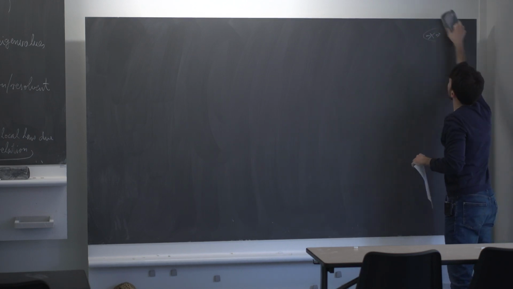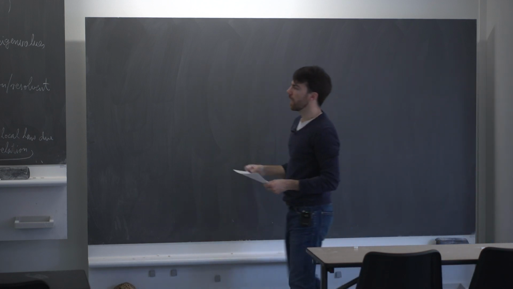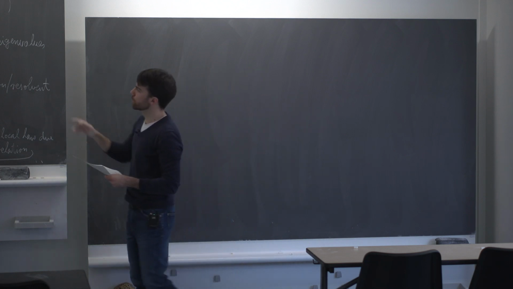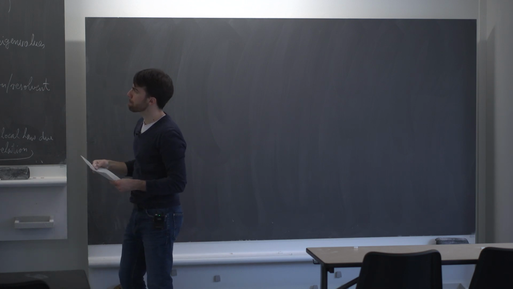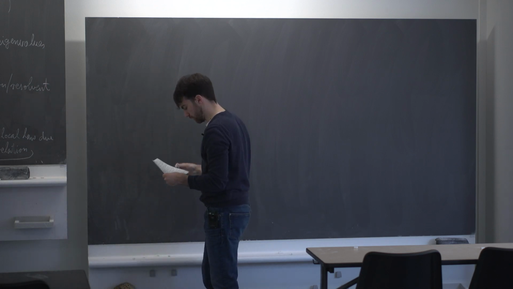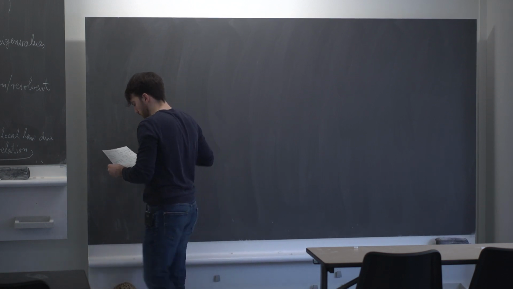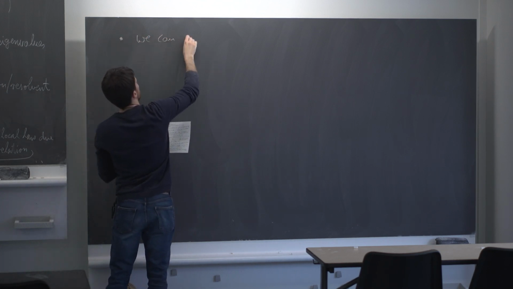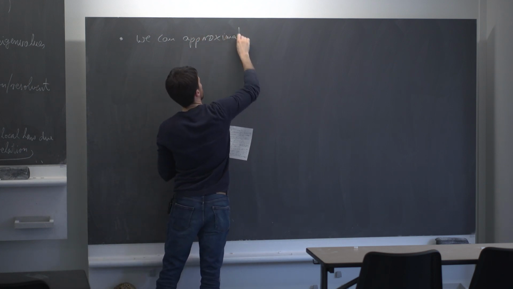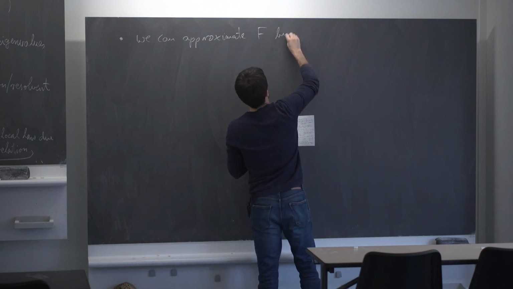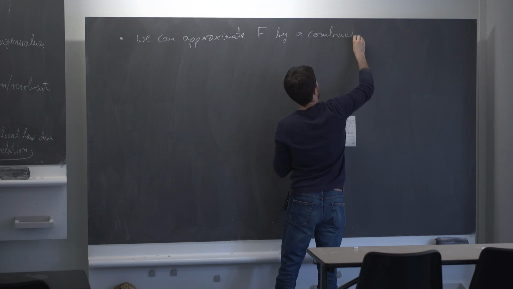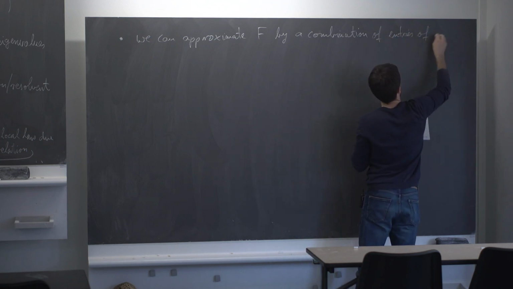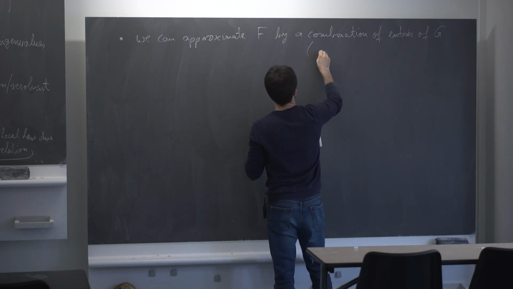But we have seen last semester that all information about eigenvalues and eigenvectors of a Hermitian matrix can be recovered from the Green function, and that also works here for the capital F. Namely, we can approximate such a function f by a combination of entries of G. The details we will see later in the proof.